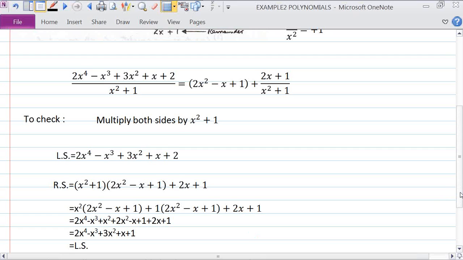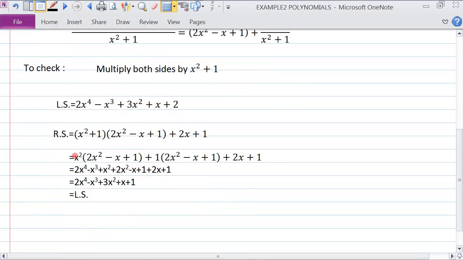Now when I simplify this, x squared times 2x squared gives me 2x to the 4th. x squared times minus x gives me minus x cubed. x squared times plus 1 gives me plus x squared. And now I use the distributive rule on this. Plus 2x squared, I get that here.